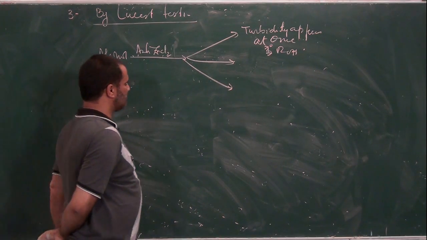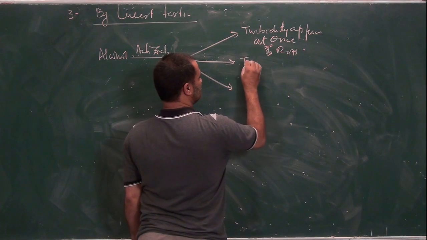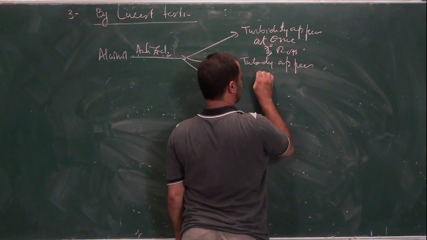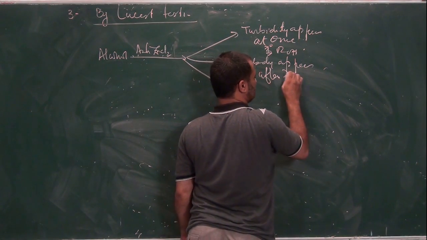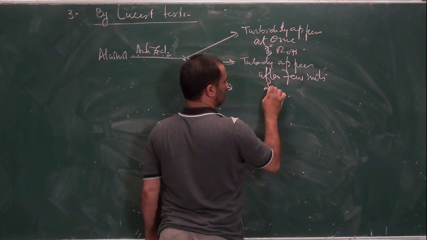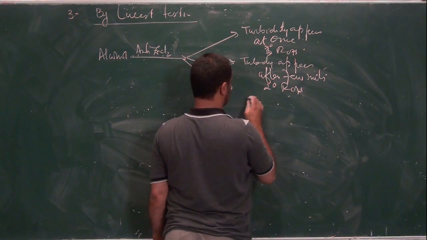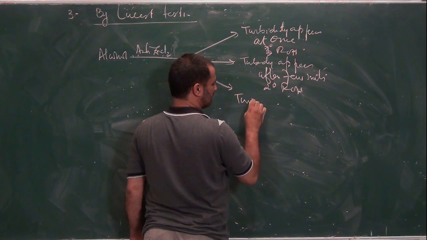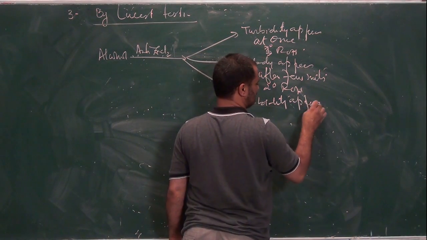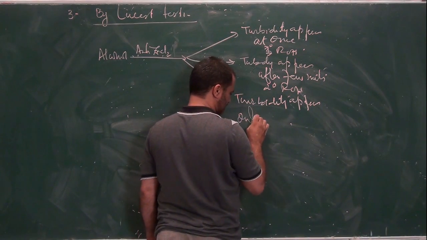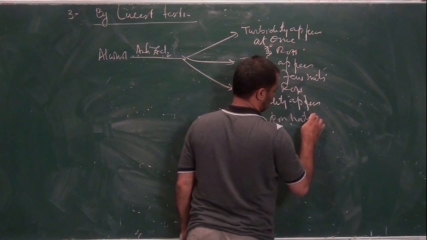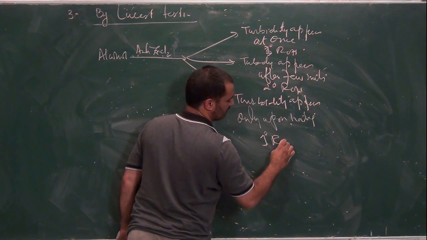If turbidity appears after a few minutes, it is secondary alcohol. If turbidity appears only upon heating, then it was primary alcohol.